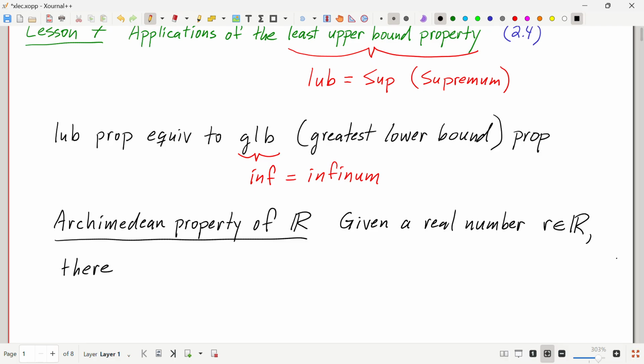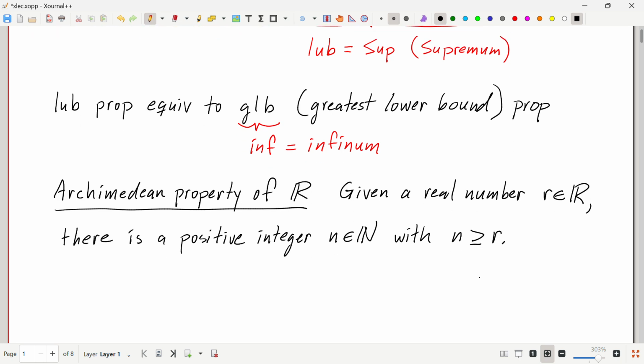Given a real number r, there is a positive integer n that's bigger, with n bigger than r. I guess the book likes to say bigger than or equal to. It doesn't really matter, because n plus 1 would be strictly bigger. Okay, that's it.